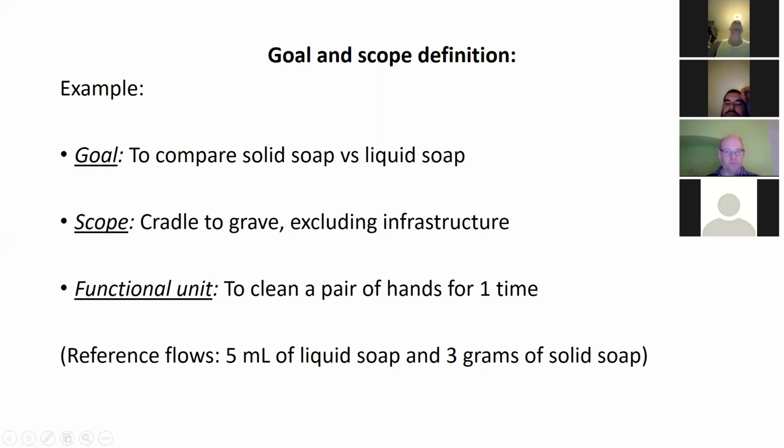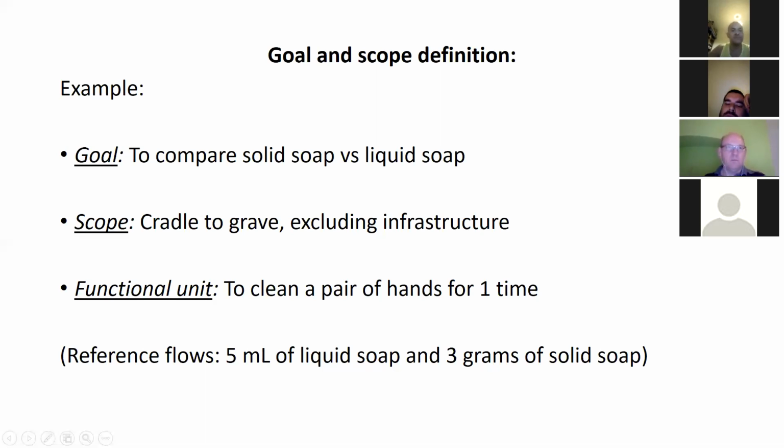So functional unit, this is important, as we focus on the function, is to clean a pair of hands for one time. So both soaps will perform this function. And then we find reference flows, which is 5 milliliters of liquid soap can clean my hands one time. And then 3 grams of solid soap can clean my hands one time.